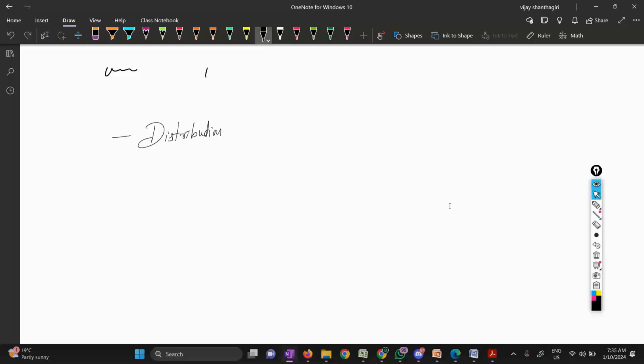The source of this is your data. This data comes from an event. Then we take the mean, standard deviation, and PDF.